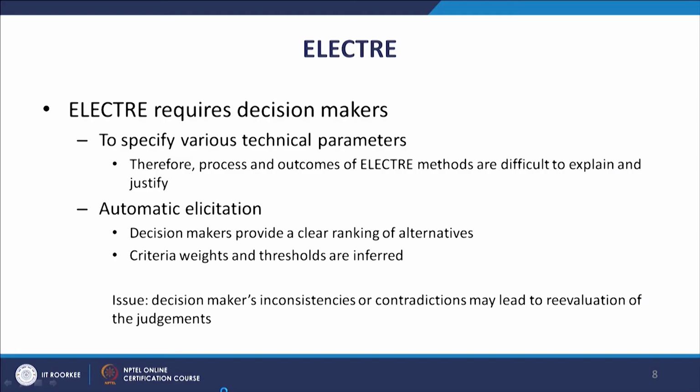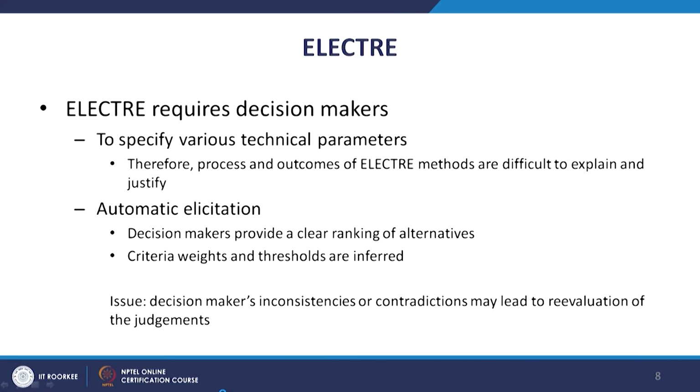In ELECTRE we require decision makers to specify various technical parameters. Therefore, the process and outcomes of ELECTRE methods are slightly difficult to explain and justify. If the parameters were produced as the outcome of a series of steps, procedures or an algorithm, people could easily understand how they are derived.